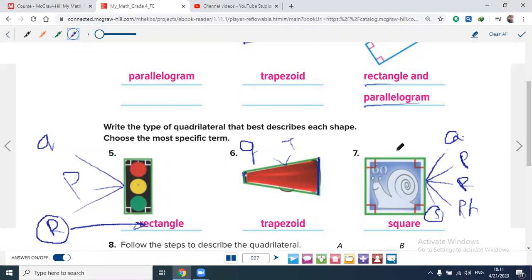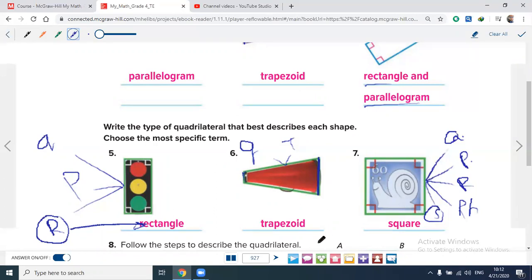Quadrilateral, because four sides and four angles make a quadrilateral. Same for this and that one. Each of the sides are parallel and equal, so it is a parallelogram. Also a rectangle because it has four right angles.